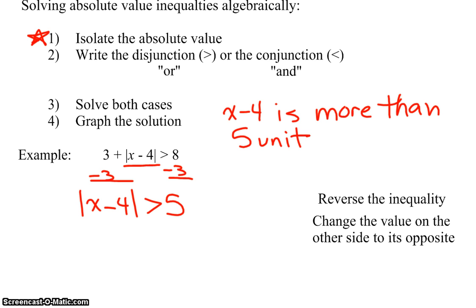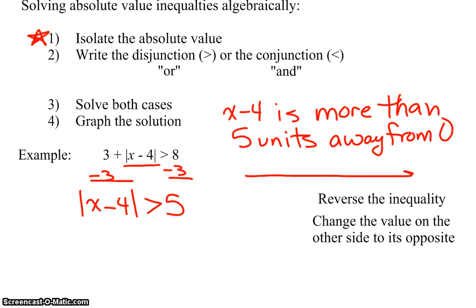Now let's look at that part on a number line to start with. Here's 0 on my number line. Here's 5 units away from 0 to the right. Here's 5 units away from 0 to the left. This says x minus 4 is more than 5 units away from 0.